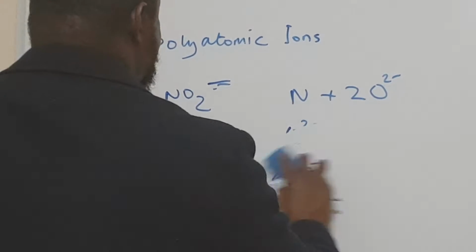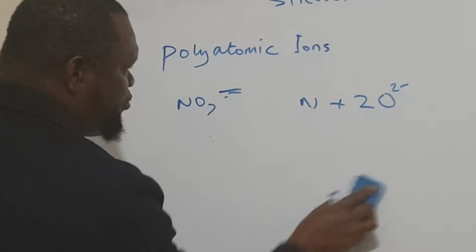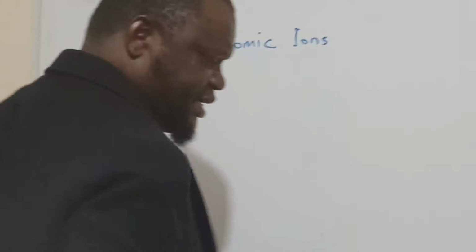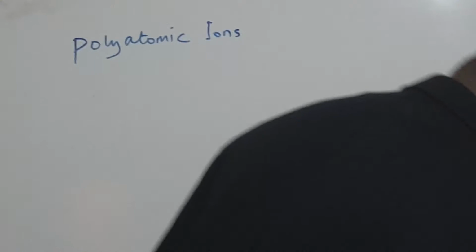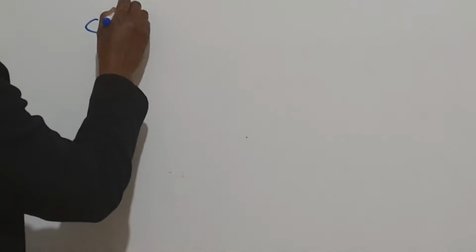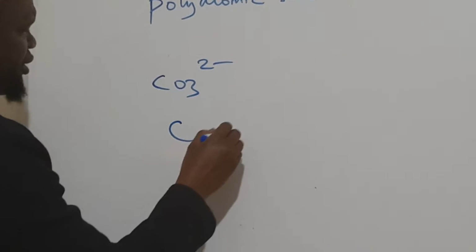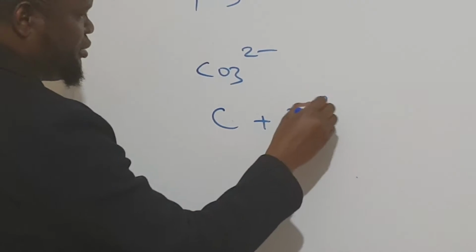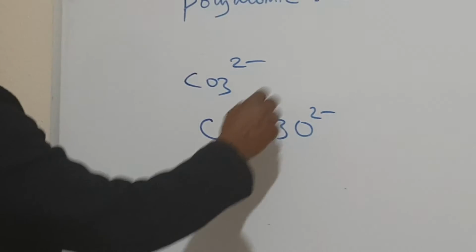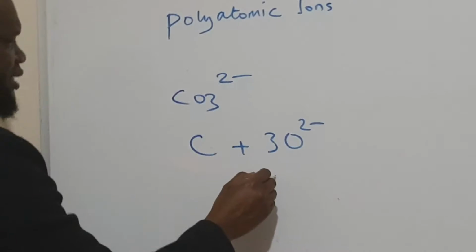Musa, we'll sit down and do this properly, yeah? Because we don't have much time in online lessons. We look at another famous polyatomic ion, CO3, which is 2 minus. You should know that this is 1 carbon plus 3 oxygen in it. If each oxygen is 2 minus, that will be 6 minus.